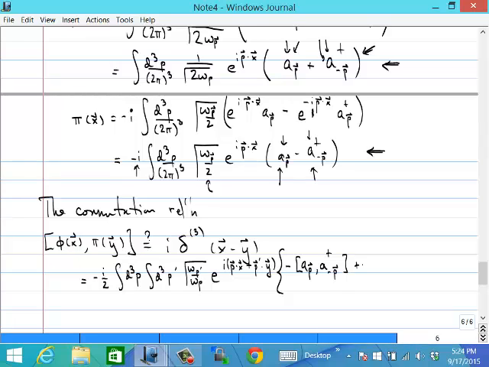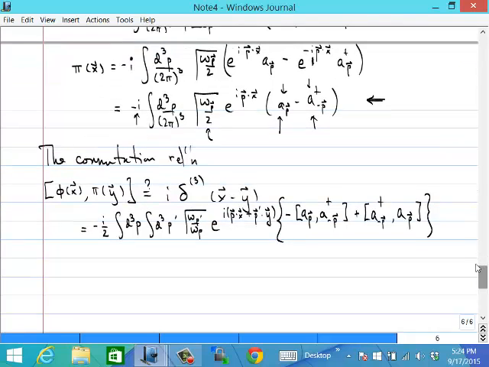So that's plus the commutator of A minus P dagger with AP.